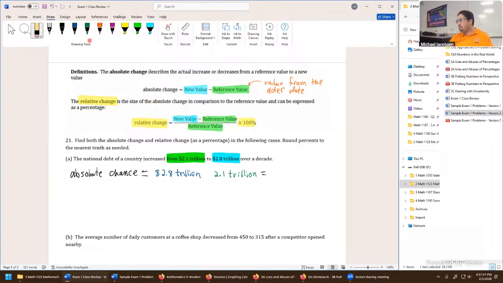Let me put in that dollar sign so it doesn't look weird out of nowhere. So there's the dollar sign. We'll get a value of 0.7 trillion or 700 million if you prefer. But I'll keep it the way the numbers were expressed, just with a trillion unit. So that's our absolute change. Let me fix that real quick. There's a G in the word change. And now for the relative change.